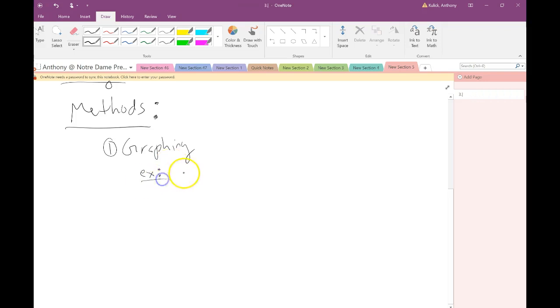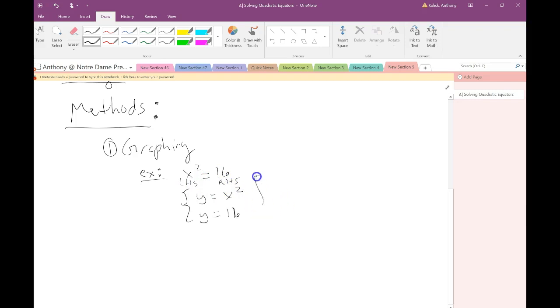absolute value functions. So suppose we have something like x squared equals 16, and we want to solve this by graphing. So what I do is I'm going to translate this into a system of two equations, where I'm going to have y equals the left-hand side, and y equals the right-hand side. So again, when I say left-hand side, right-hand side, I mean of the equation.